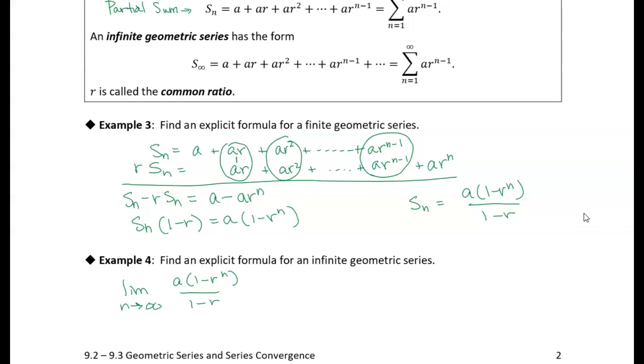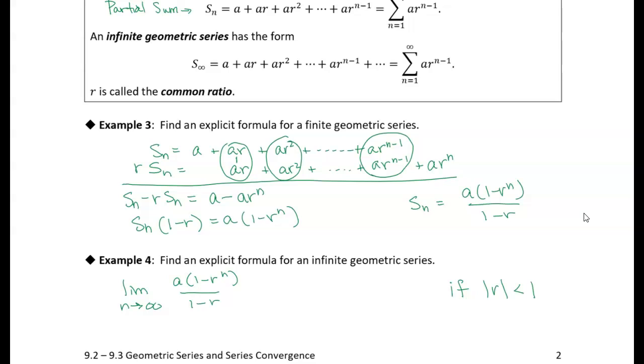1 minus r. Okay, now the only place where n shows up is in this r to the n. So really nothing's going to change except this r to the n term. And so if our common ratio r, let me write that over here, if the absolute value of r is less than 1, so it's something like 1/2 or 1/3 or 5/8, or it could be negative too.